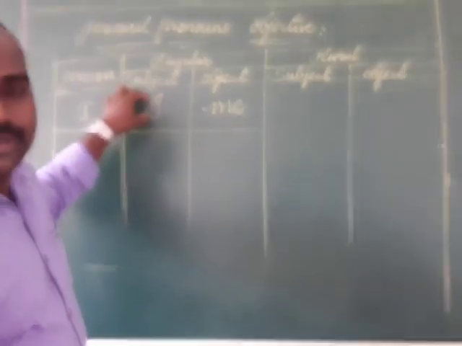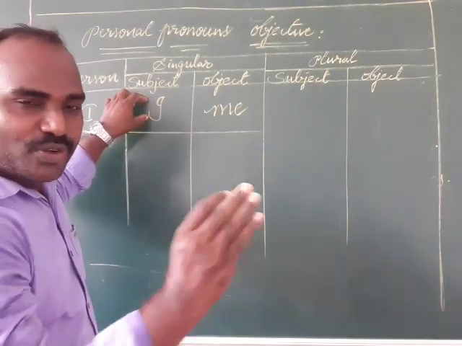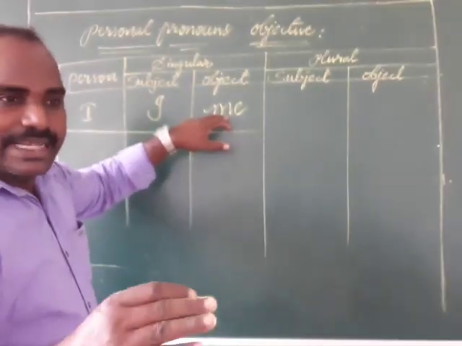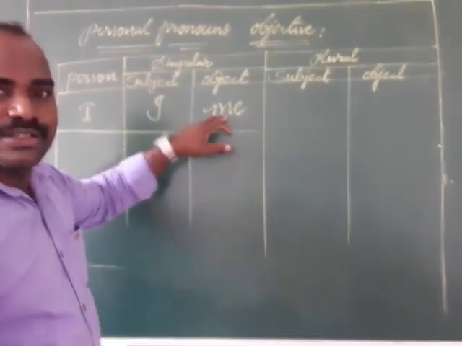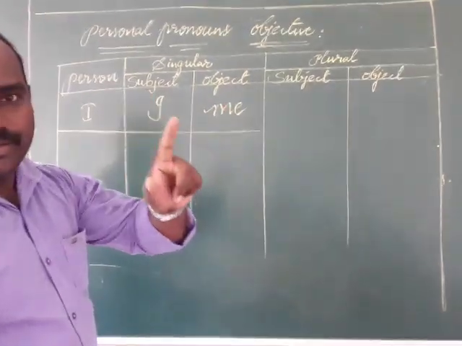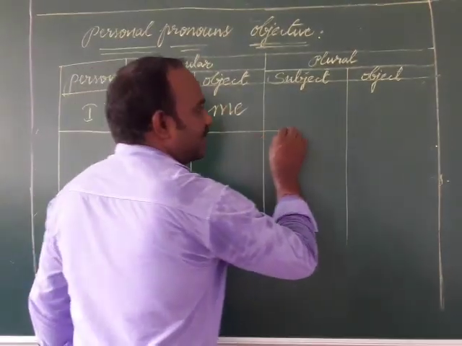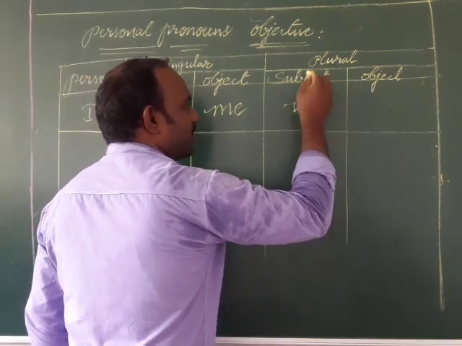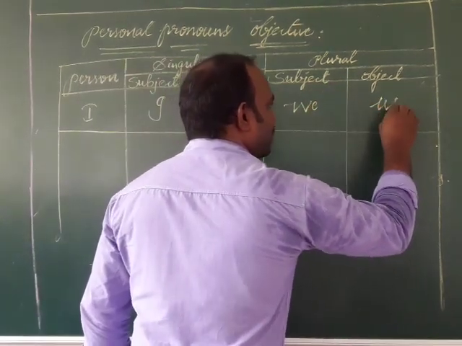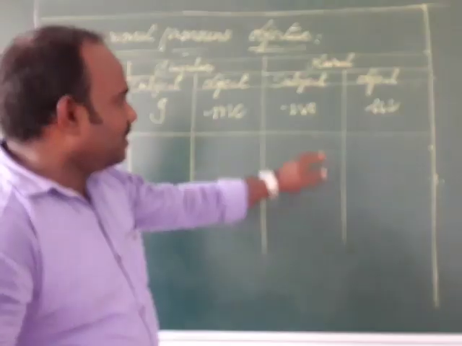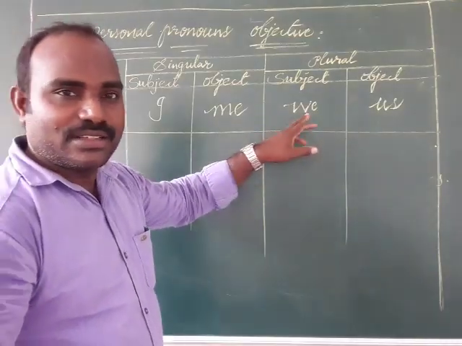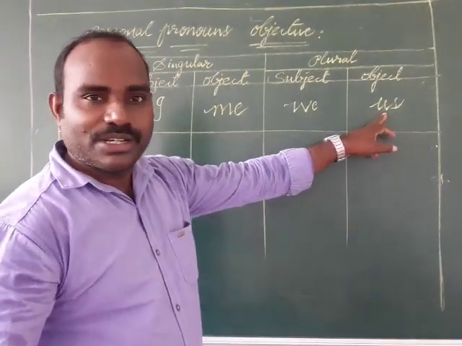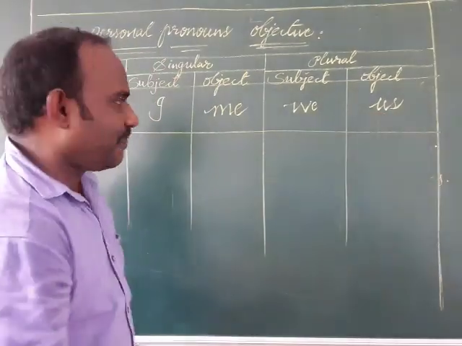This is used at the beginning of a sentence before main verb as a subject, and this is used after the main verb as an object in a sentence. Okay, both are pronouns. And here in plural, we, us, both are pronouns. This is used as a subject at the beginning of a sentence before main verb, and this is used as an object after the main verb in a sentence.